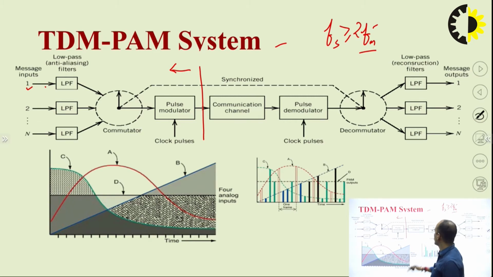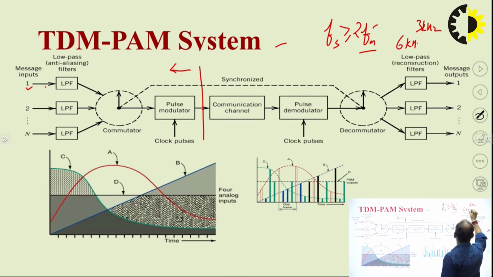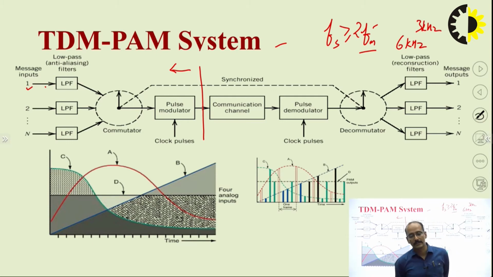If we are using a 3 kilohertz message, the sampling frequency should be at least 6 kilohertz. If the sampling frequency is less than 6 kilohertz, there is a problem of aliasing, means overlapping or distortion. To avoid that aliasing, we use an anti-aliasing low pass filter before applying the signal to the sampling or the commutator part.